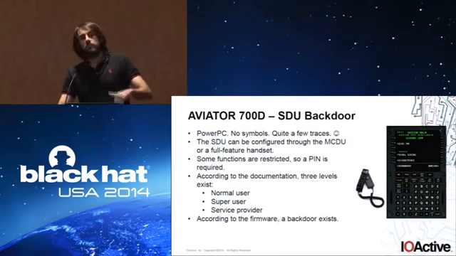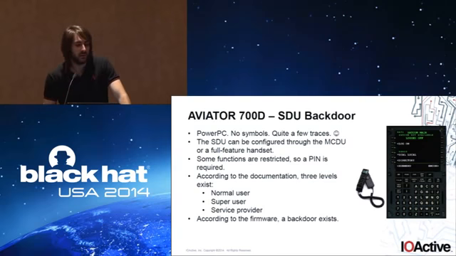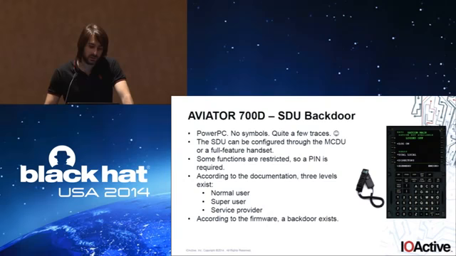And then, well, let's move to the SDU, the satellite data unit. Well, it's PowerPC, no symbols, but again, some traces. The SDU can be configured in a couple of ways, through the MCDU, which is basically the computer that controls the flight management system.